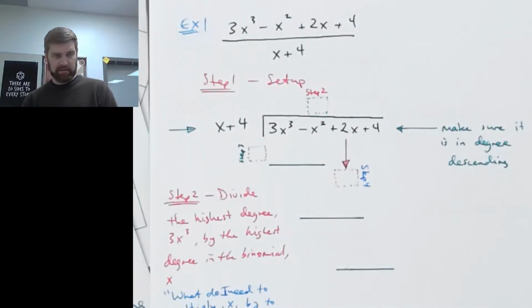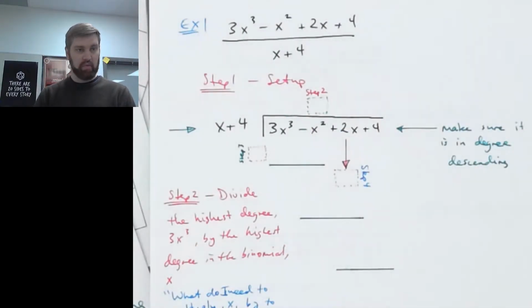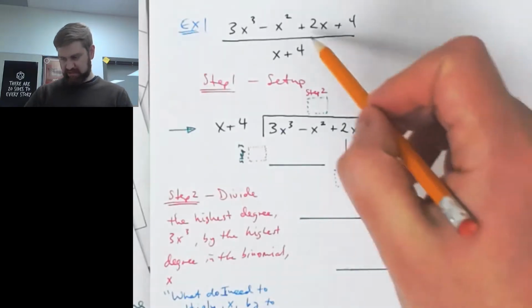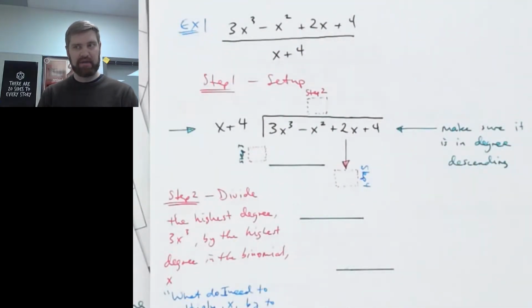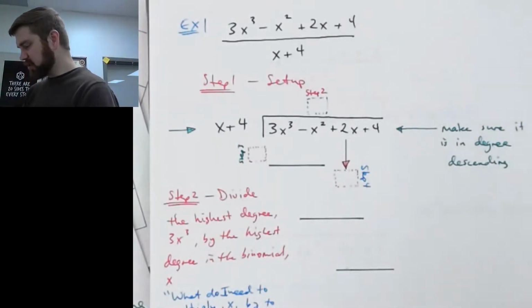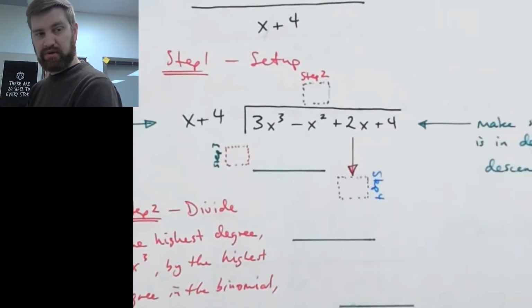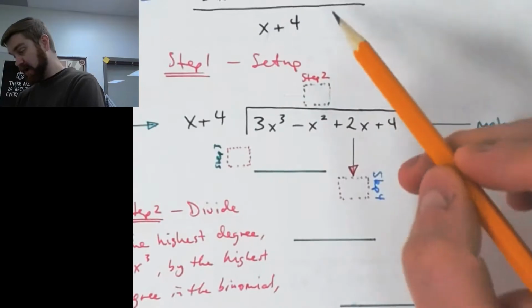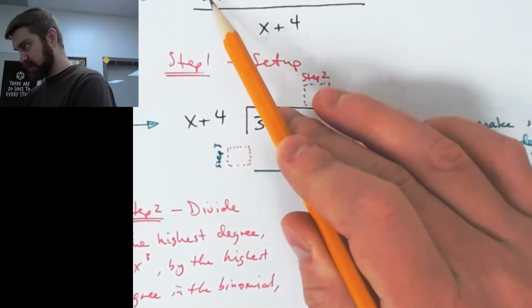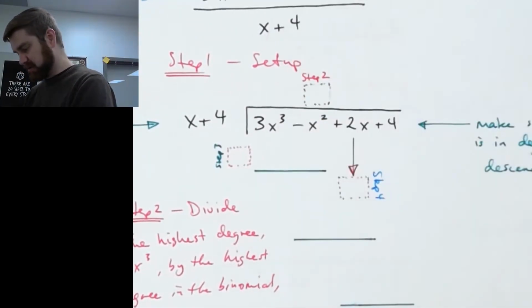You wouldn't want to do what you did in the previous example, piecing it apart into 4 little fractions, because your denominator is an expression and it's extremely hard to reduce an expression unless you pull out common factors and do a lot of things ahead of time. So let's use long division, and I'll show you that you can use this technique to divide this polynomial by this binomial here.